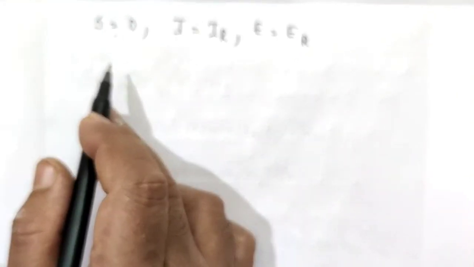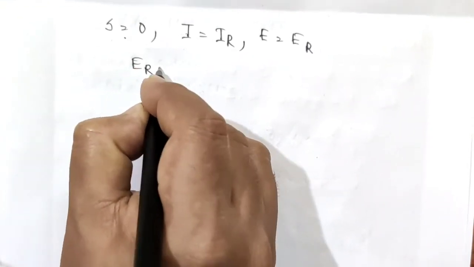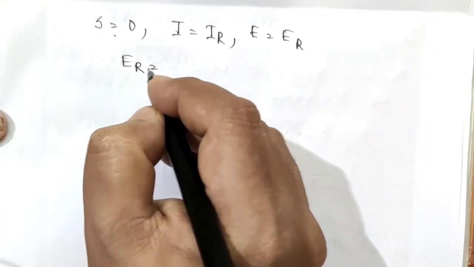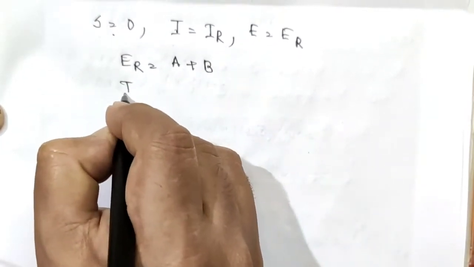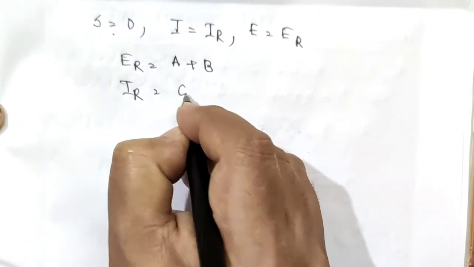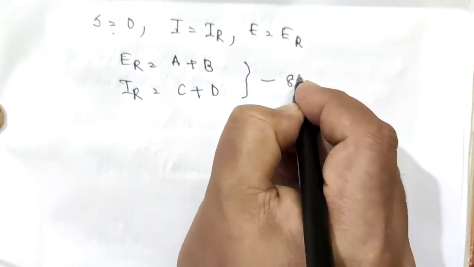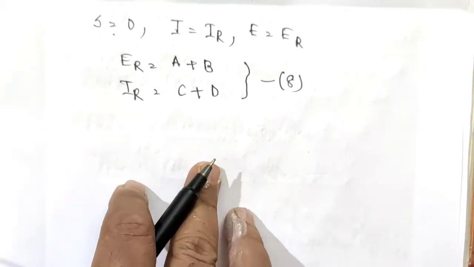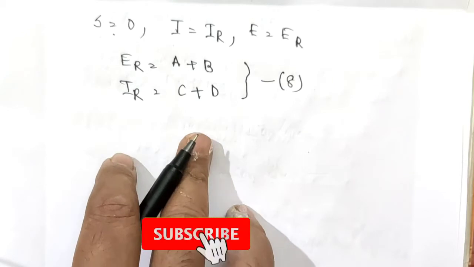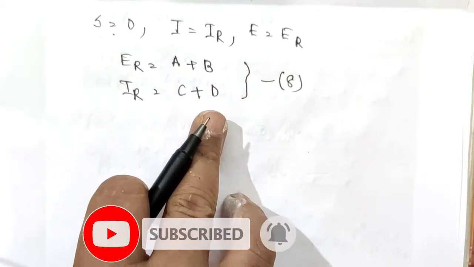So equations 6 and 7 become ER equals A plus B and IR equals C plus D. Let it be equation 8. Now here a second set of boundary conditions is not available, but as you can find, there are 4 constants to be found.